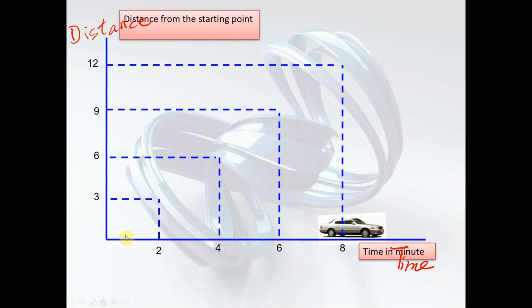So notice that every 2 seconds is 3 feet from the starting point. Every 4 minutes, I'm sorry, 4 minutes is 6 feet. I know it's slow, but let's say you're walking. All right. Possibly I should change it to seconds. But the point here is that every 2 seconds, I would just say seconds, change it to seconds quickly.